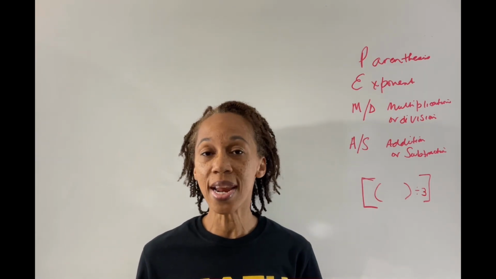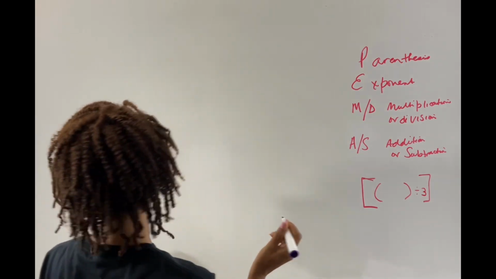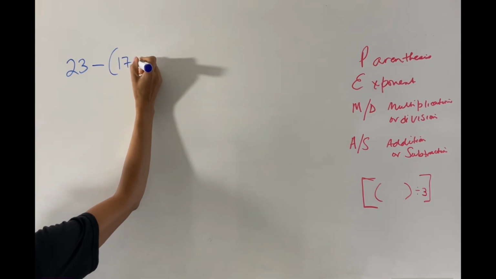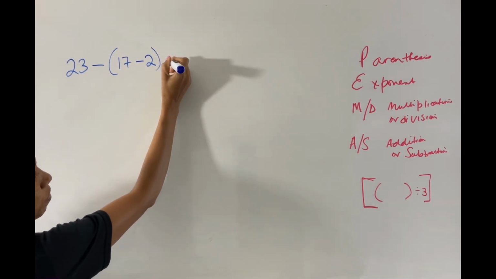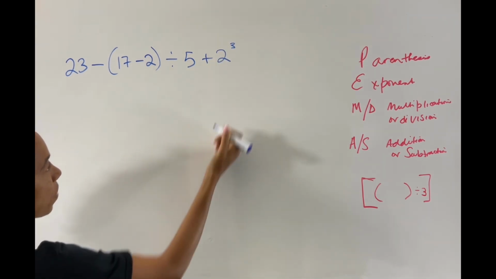Let's get into an example today, and the example that I'm going to use first is 23 minus open parentheses 17 minus 2 close parentheses divided by 5 plus 2 to the third power.